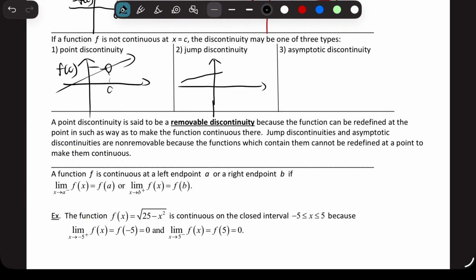For example, the value is over here, but at this point, it could also be equal to another value. This is called a jump discontinuity. This is a jump of the values. An asymptotic discontinuity basically means that there's an asymptote which causes, for example, at x equals c, the function's left limit to be unequal to the right limit.